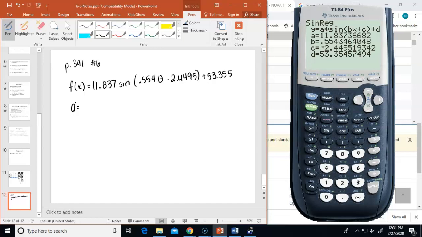You could by hand find the highest point, the lowest point, the midline halfway in between, then find what the amplitude would be. You could do all of that by hand, but the calculator gets us an even better estimation because it takes all of the points into consideration, not just the highest and lowest point. So I want us to use the calculator.